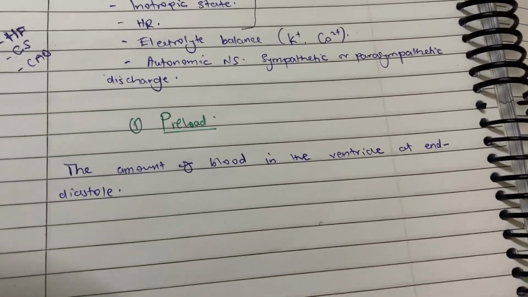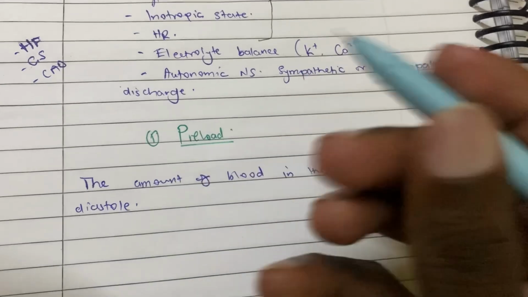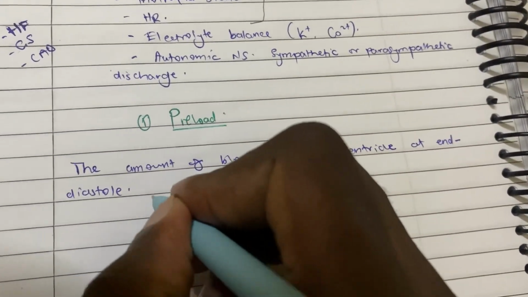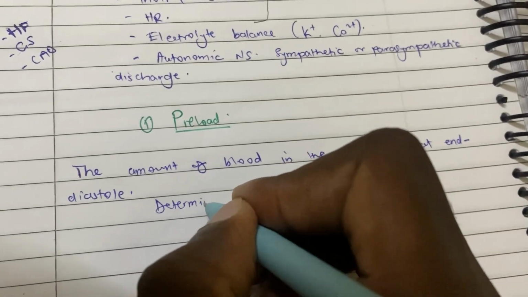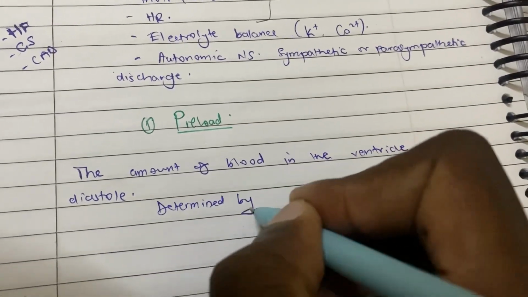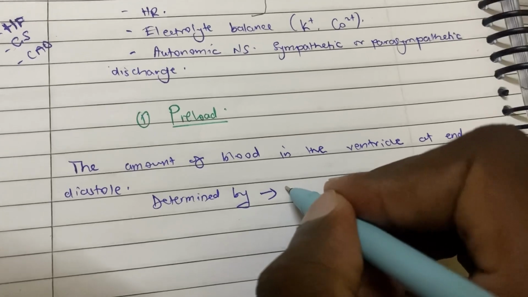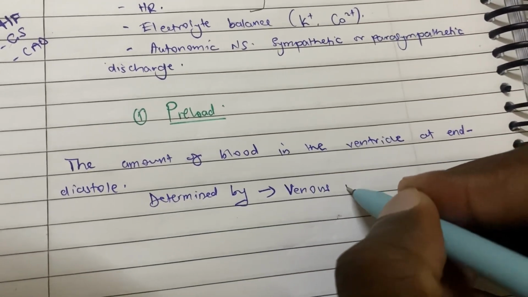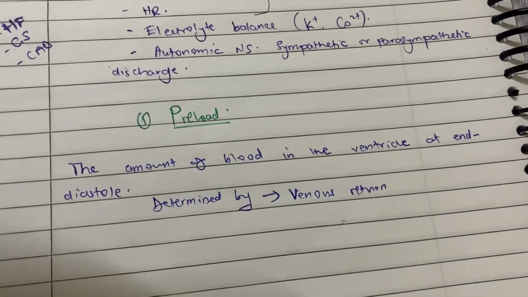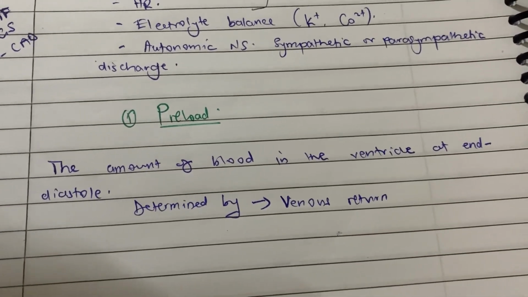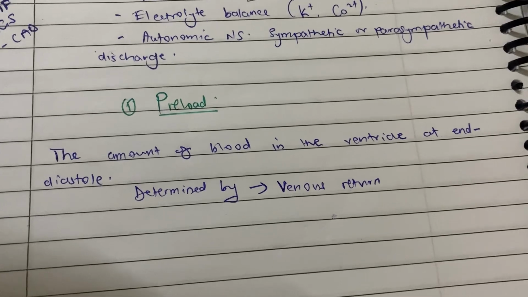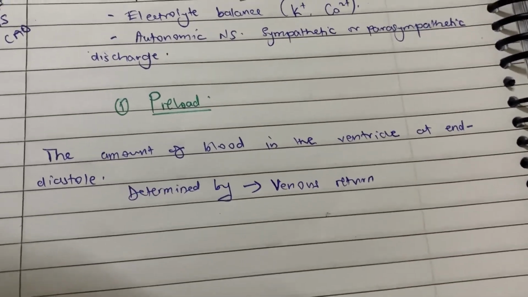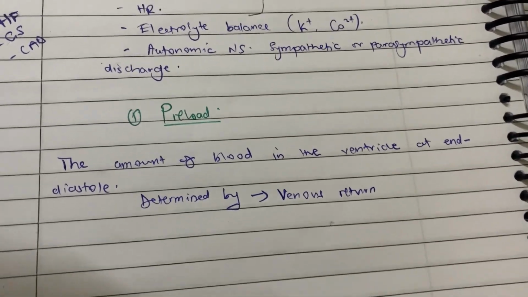This is preload. The major determinant of preload is going to be determined by venous return. So if a lot of blood is coming back to the heart through the great veins, the preload will be high.